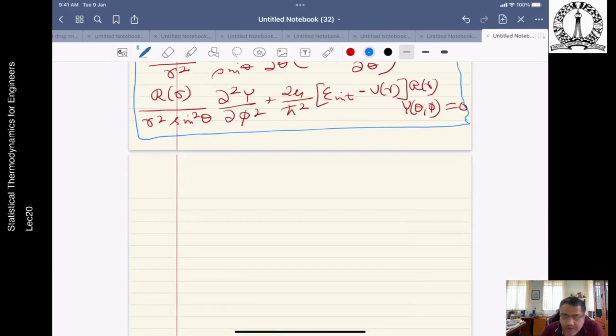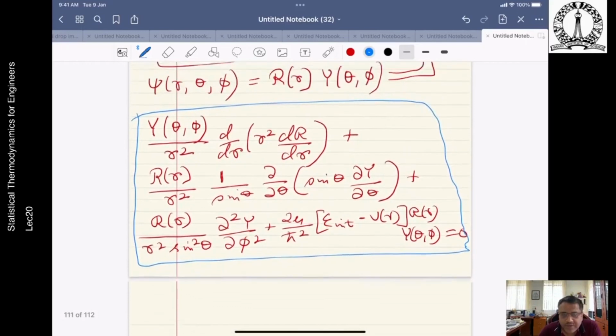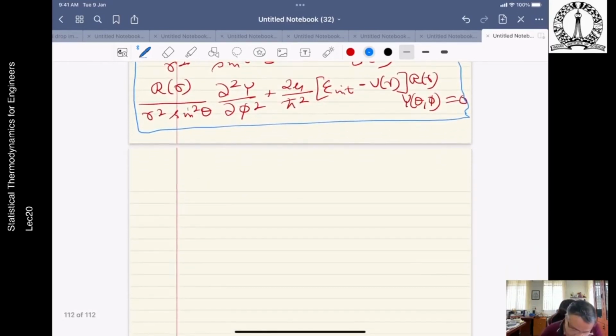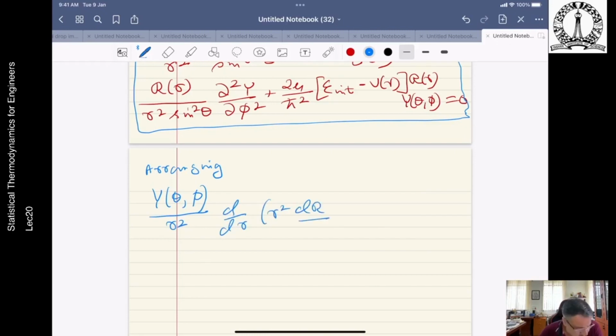Okay, now you can see this is a very complicated equation. We have separated it out a little bit. So arranging, I think what you do is you're arranging. Okay, this is Y(theta, phi) divided by r squared d by dr of r squared dR by dr, plus R over r squared, sorry, just need a little bit better here.